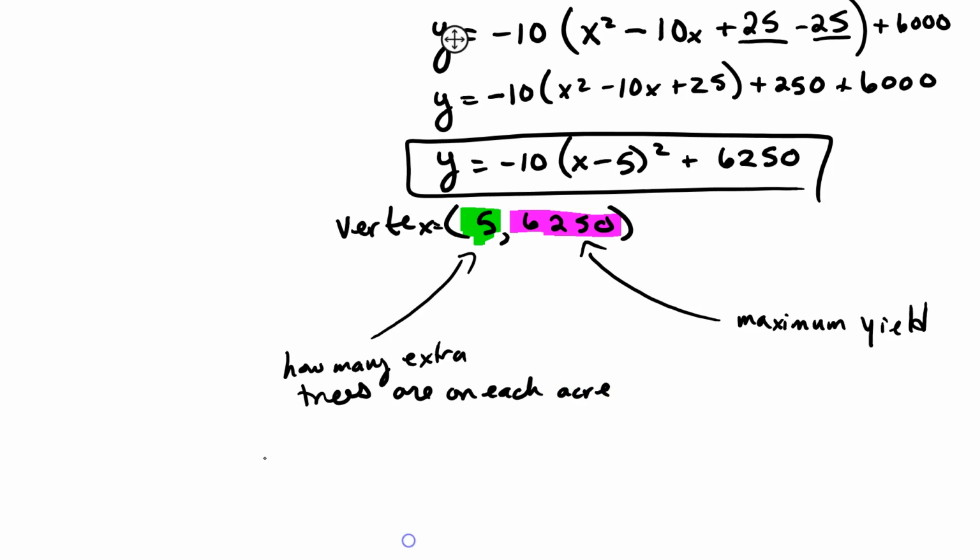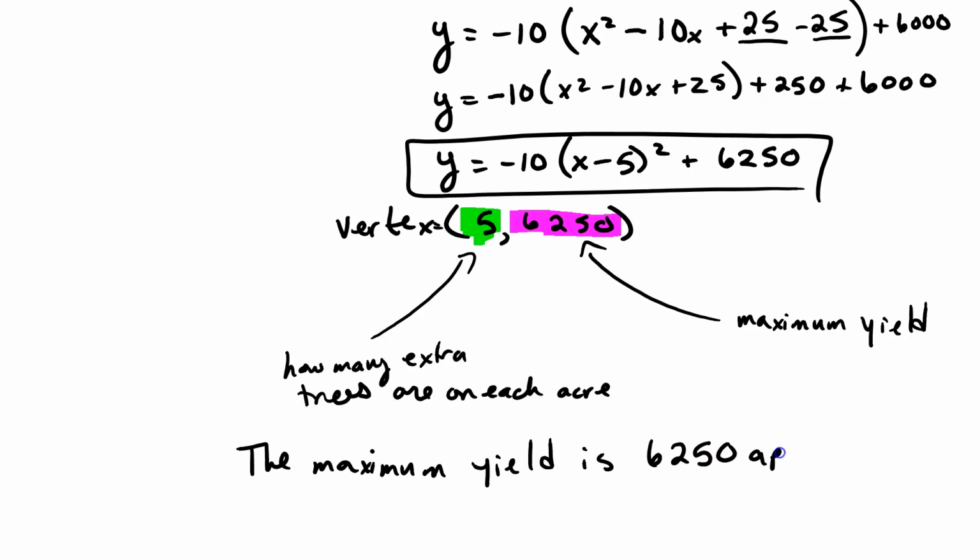So I would say the maximum yield is 6,250 apples with maximum with 25 trees per acre.